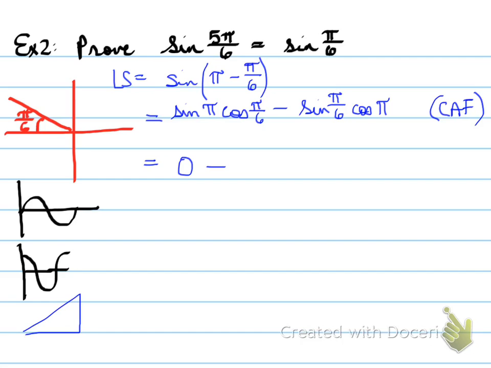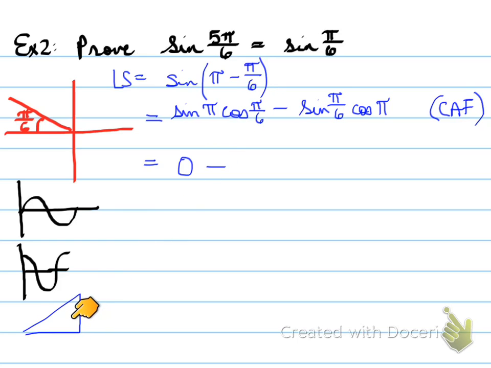All right, so why do we have these drawings over here? Well, this is the sine curve right here. This here is your cosine curve. We need that to be able to determine the value of sine pi and cos pi. We also need the special triangle with pi over 6.